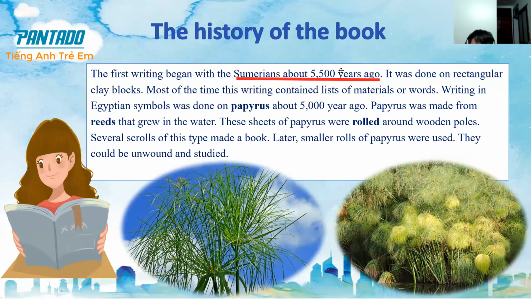It was done on rectangular clay blocks. Most of the writing contains only lists of materials or words. And then the writing in Egyptian symbols was done on papyrus about 5,000 years ago. They made it from reeds that grow in water.